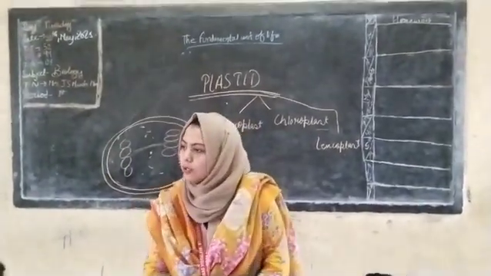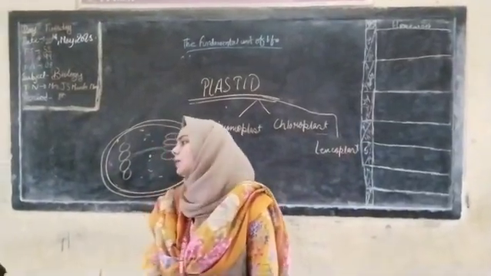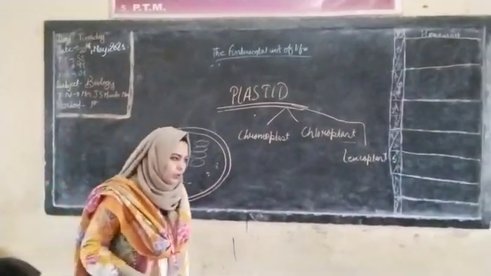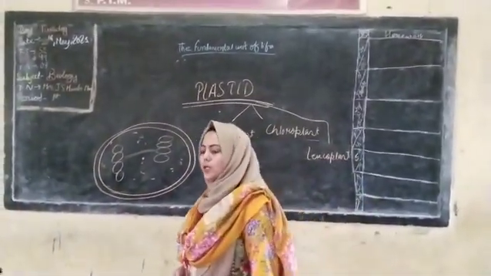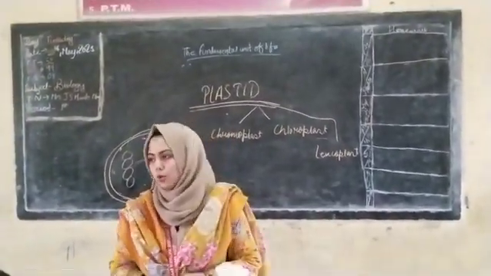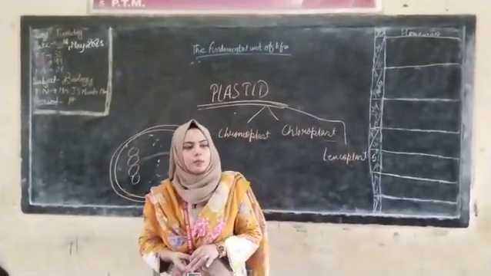Now before moving towards the types of plastids, just let me tell you that plastid is also a double membrane structure like mitochondria. Right students? Plastid is also a double membrane structure and it is also known as semi-autonomous organelle. Now can anyone say me why plastid is known as semi-autonomous organelle?